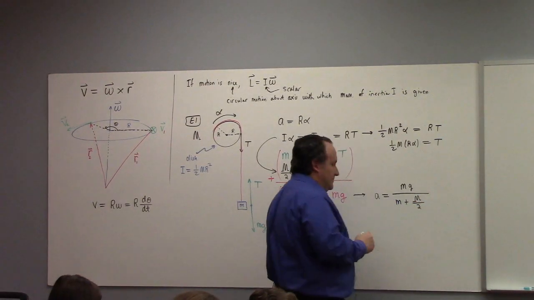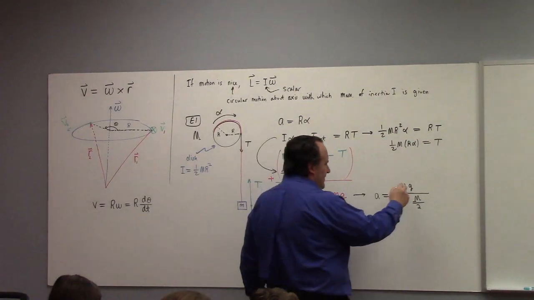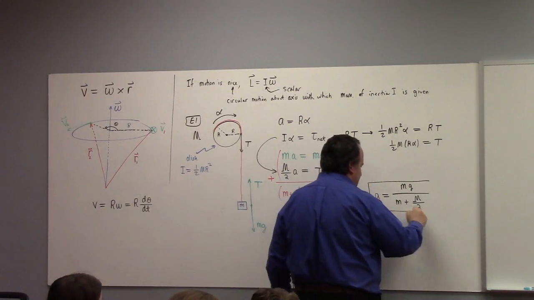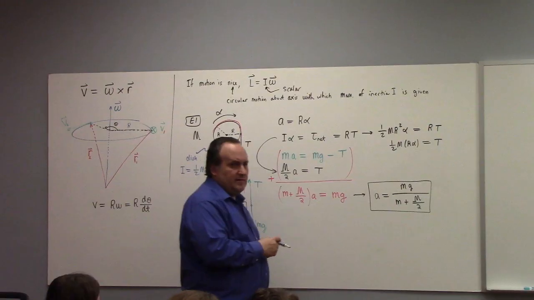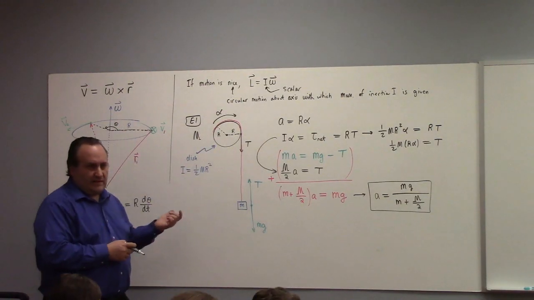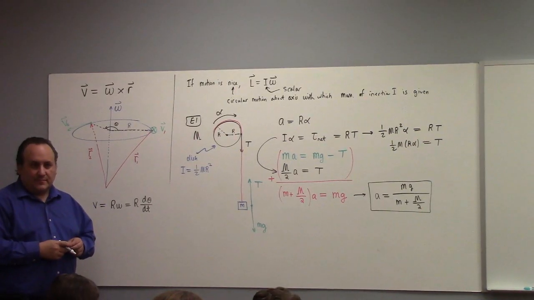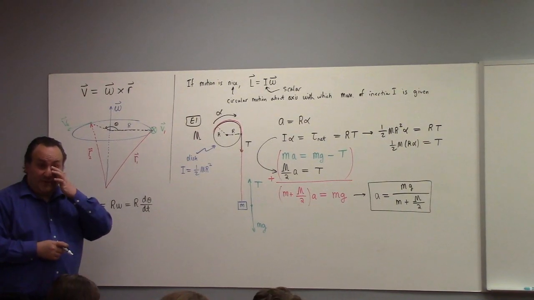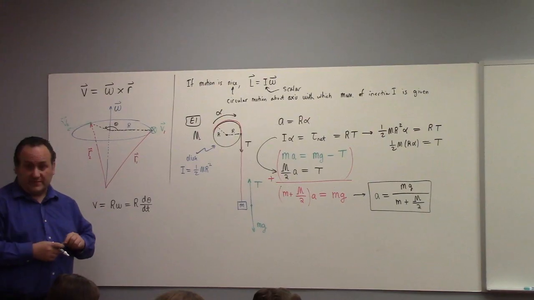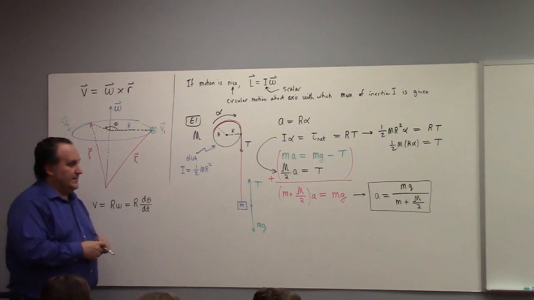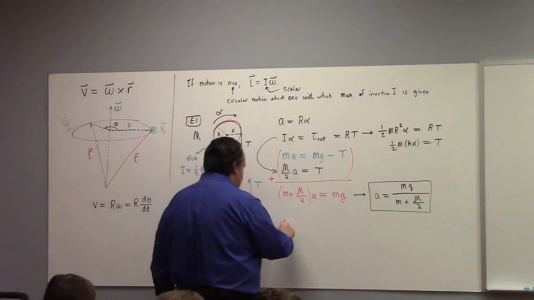That's the acceleration, and that was my question I raised last class: what's the acceleration of this system? And we got twice g. I feel better now. We got twice g in what context? We picked when the masses are equal. That was the special case we looked at. So let's look at that again.